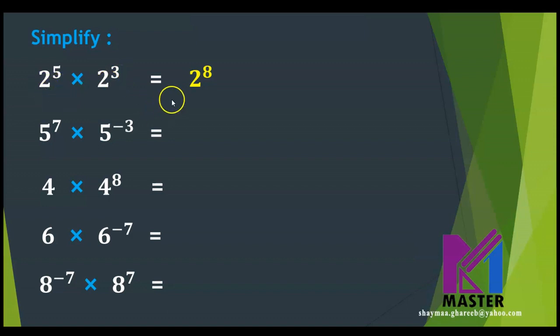We said we're going to keep the base number, which is 2, and then add the powers. 5 plus 3 equals 8. So the answer, when we simplify this, will be 2 to the power of 8.